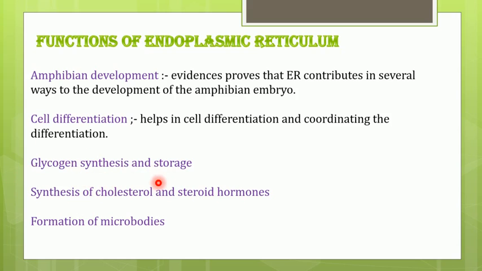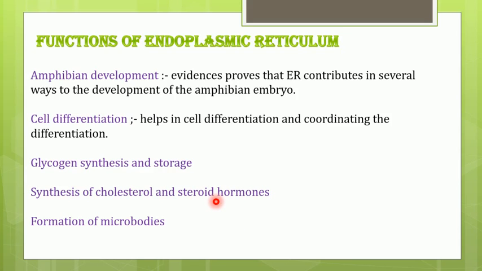Next function is synthesis of cholesterol and steroid hormones. Whatever steroid hormones are present in eukaryotic organisms, they are basically made from cholesterol. So cholesterol is an important precursor of steroid hormones, and these cholesterol molecules are synthesized in the smooth ER.